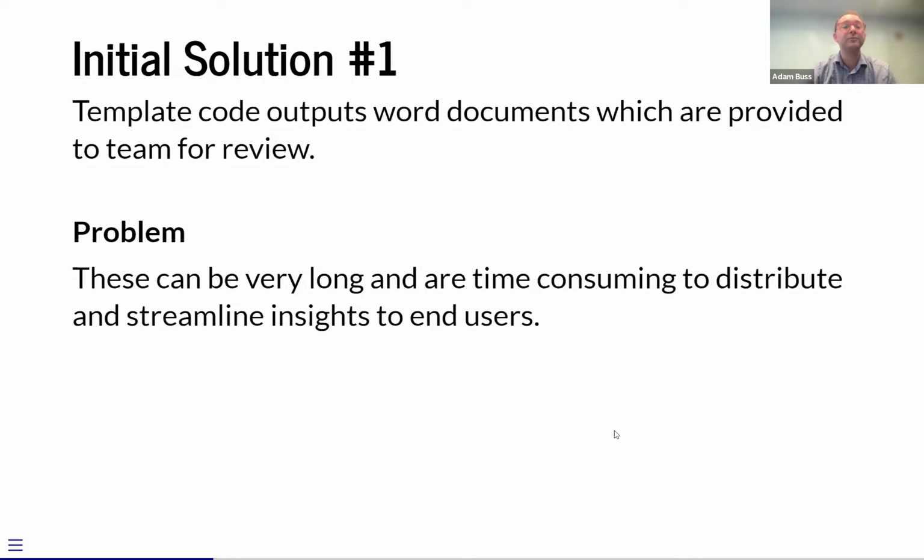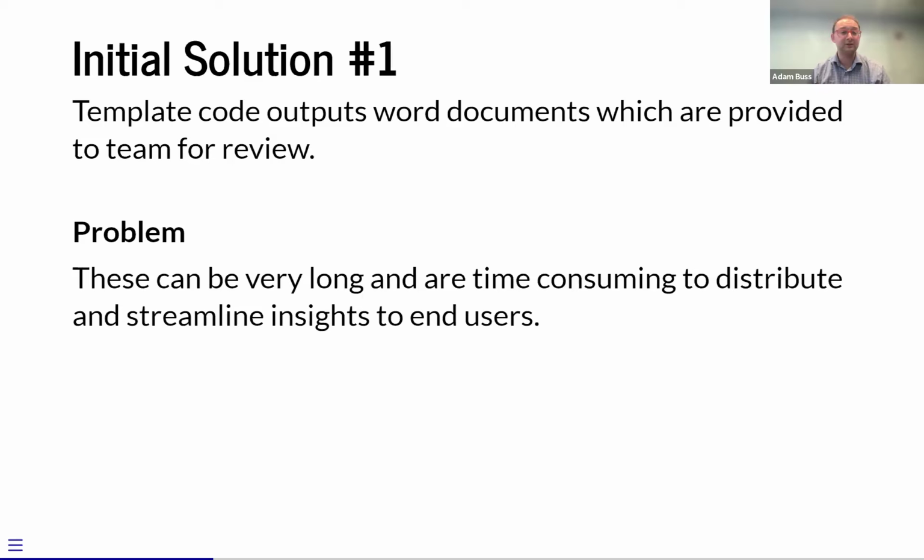So moving to our first solution that we looked at for this. Originally we were writing code in R, and we had what we would call template code. So it was code that we would have to usually edit from study to study, but the template or the outline stayed the same, and we were creating Word documents, which are provided for the team to review.